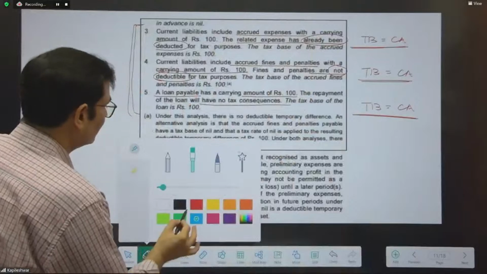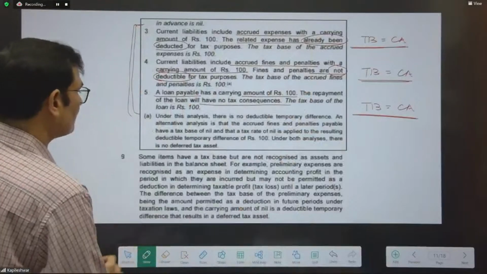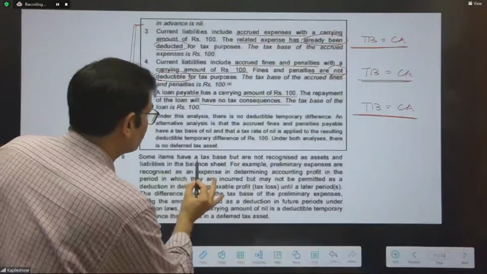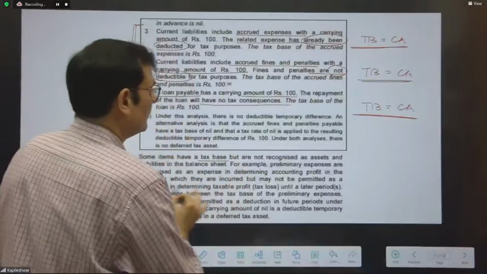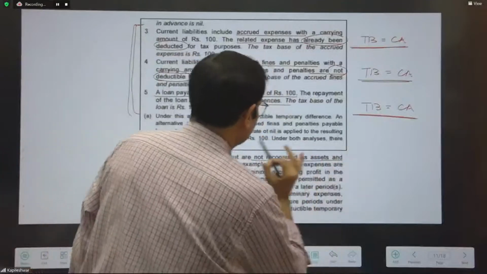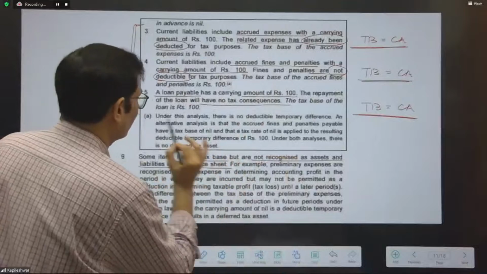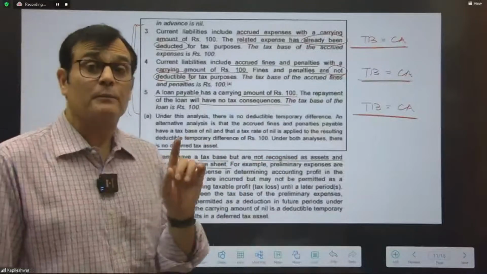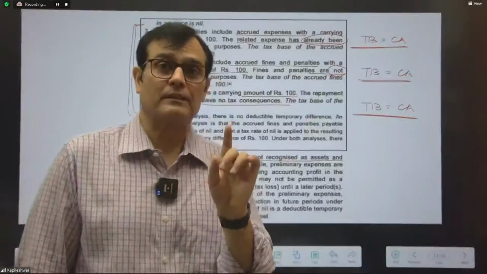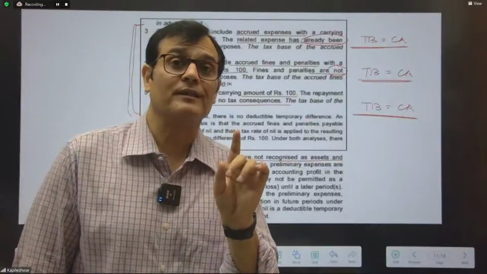Let me just read the input stream. Sometimes items have a tax base, but they're not recognized as assets and liabilities in the balance sheet. They're not appearing in the balance sheet of the company. The carrying amount is not there.